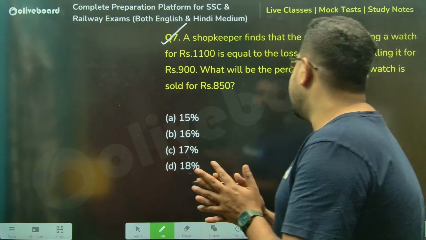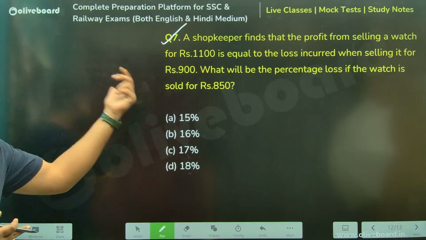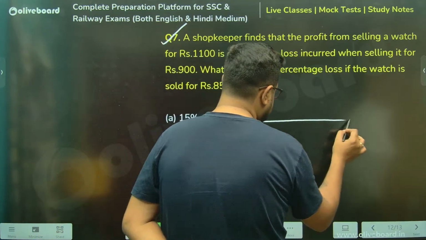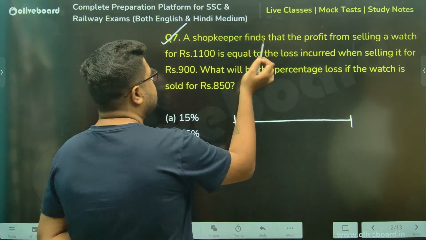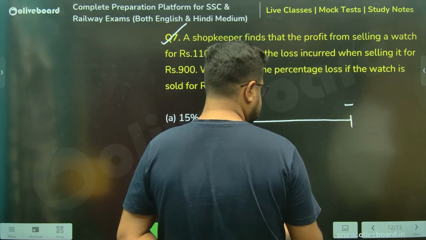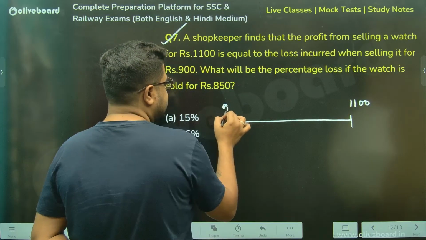A shopkeeper finds that the profit from selling a watch at 1100 is equal to the loss at 900. This is very simple. Sir, think like this. There are two selling prices. One is 1100, and one is 900.